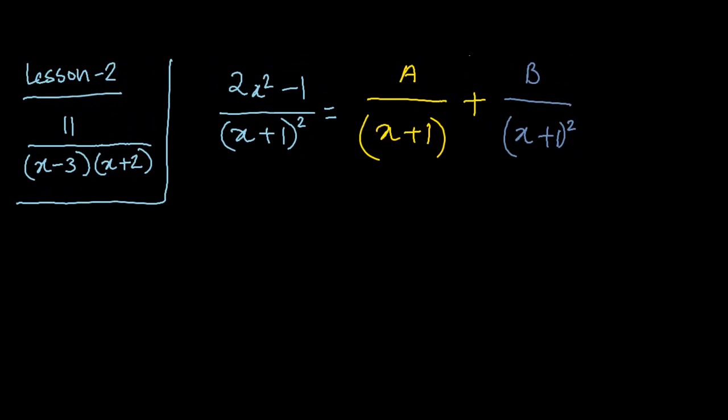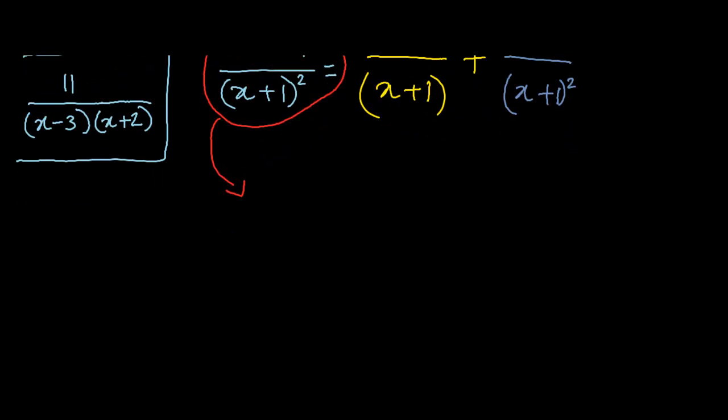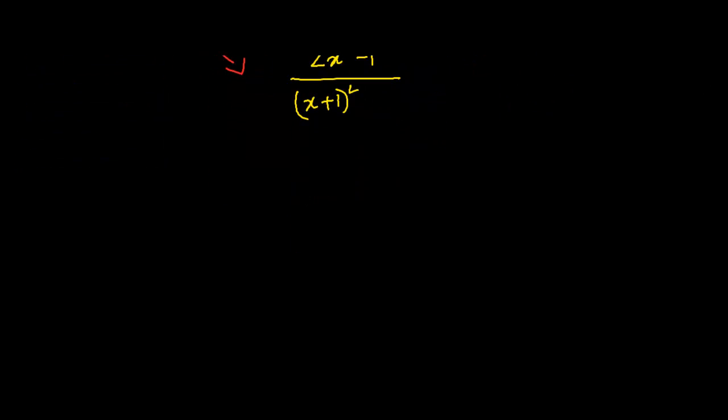Let's expand this equation and see what all the terms come down to. 2x squared minus 1 over (x plus 1) whole squared is equal to 2x squared minus 1 over x squared plus 2x plus 1.